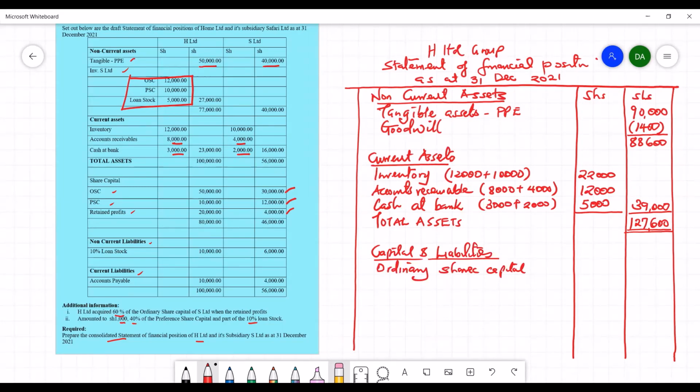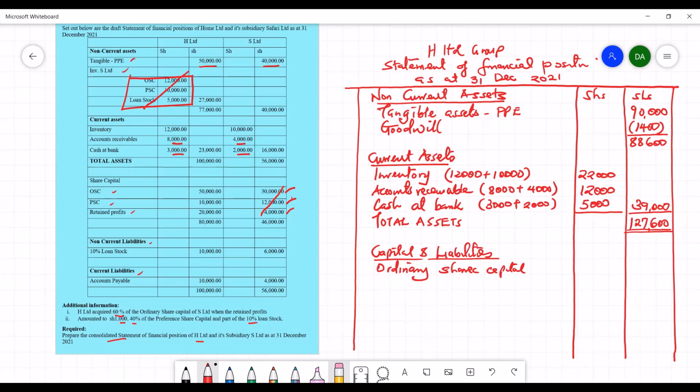And therefore, the ordinary share capital of the subsidiary, which has been divided between the parent company and the minority, has been cancelled out by this investment. It is cancelling the share capital of the subsidiary, which has been divided into the part which is owned by the parent company and the part owned by the minority interest.